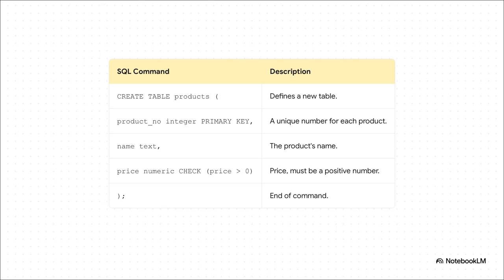See that primary key thing? All that does is guarantee that every single product has its own unique number. No duplicates, ever. And then, look at that check price greater than 0. That's a constraint, and it makes it physically impossible for someone to accidentally list a product with a negative price. The database itself enforces that logic. It just won't allow it.